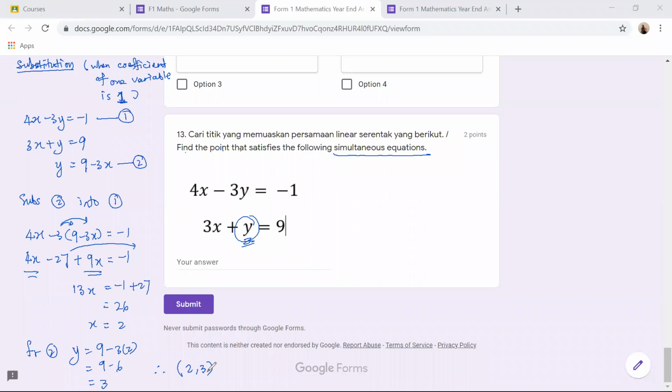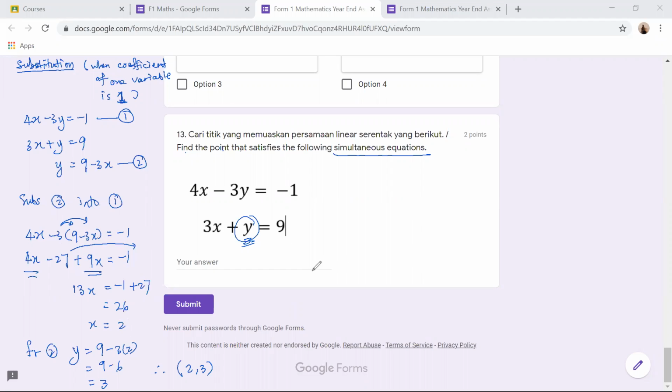Okay? Wait, is it correct? No. Wait. 4x minus 3y equals to negative 1, and y is 9 minus 3x. Sub in: 4x minus 3 times (9 minus 3x) equals to this. 27, 26. Huh? It's not correct. It's not 2, 3.